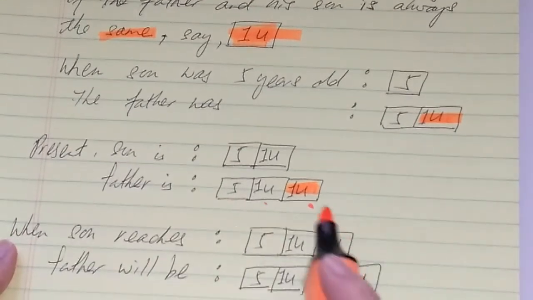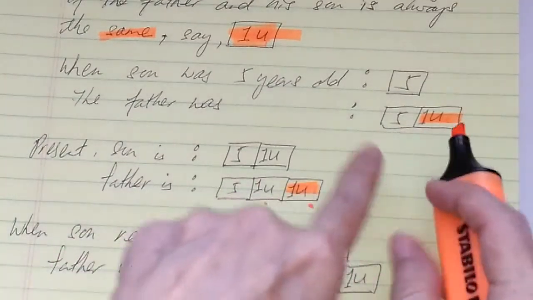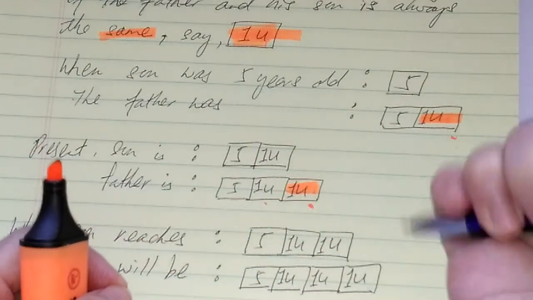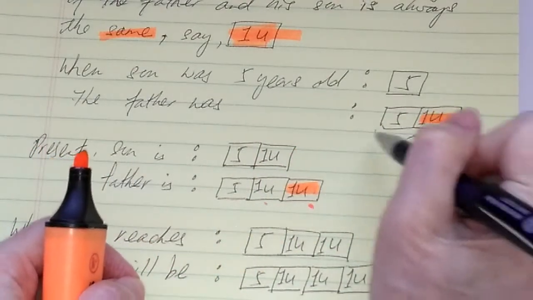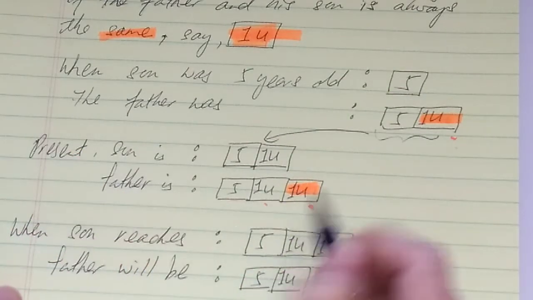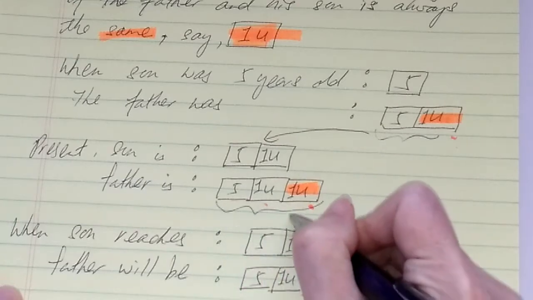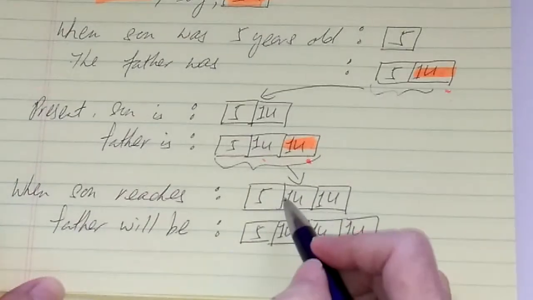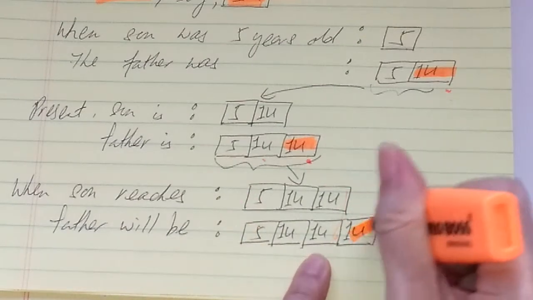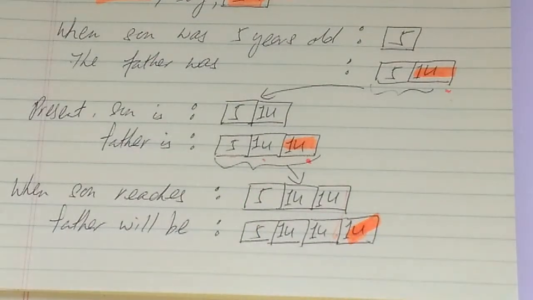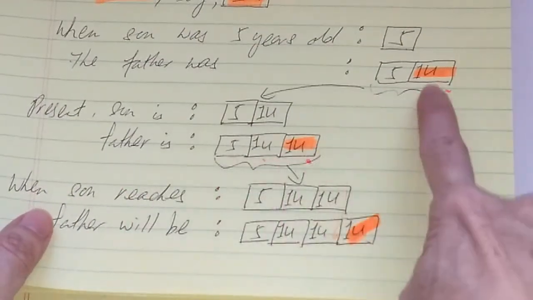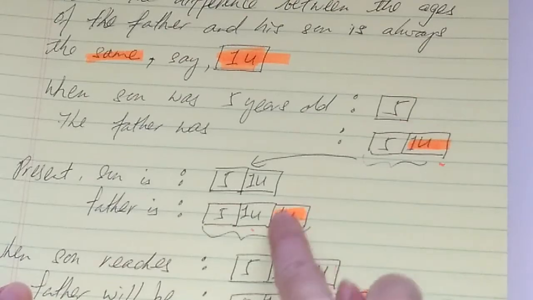Now at this age, when we bring this age here, the father will be plus 1 unit. If I bring this to the son, the father will be this lot plus another unit. So the father is always 1 unit older than the son.